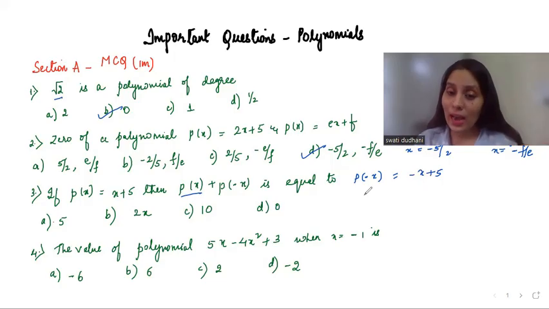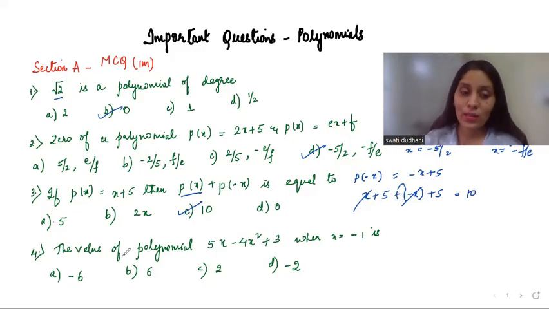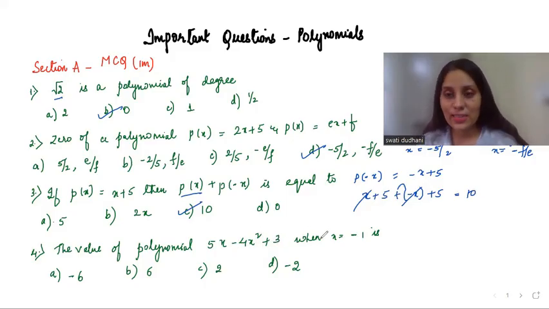Now when we add both p of x plus p of minus x, which is x plus 5 plus minus x plus 5, x and minus x cancel, 5 plus 5 is 10. So option C.